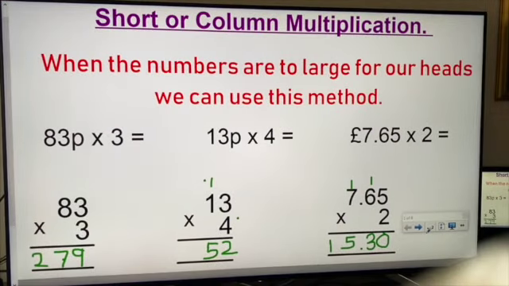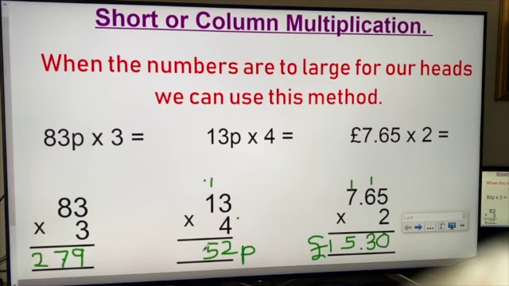So let's have a look at all of our answers. £15.30, so we can put a very odd looking pound sign there, excuse me. 52, 52p. Okay, because it was this side of the decimal point.